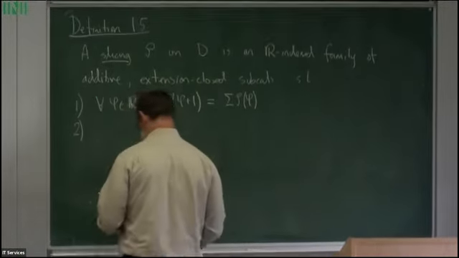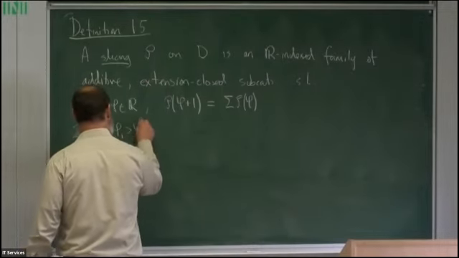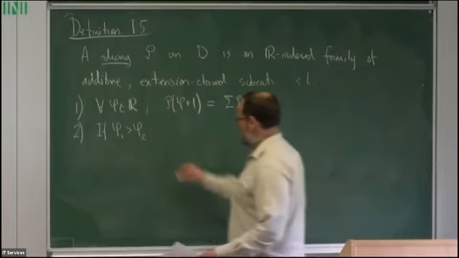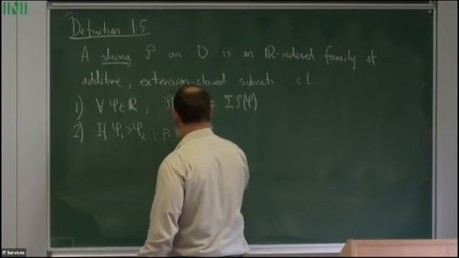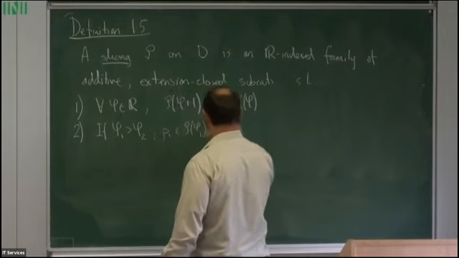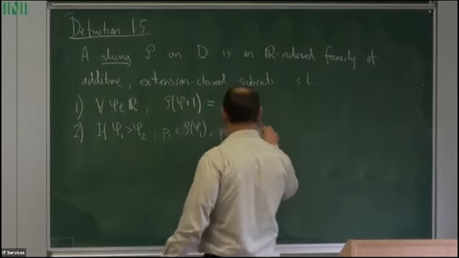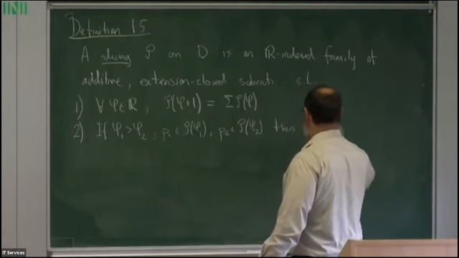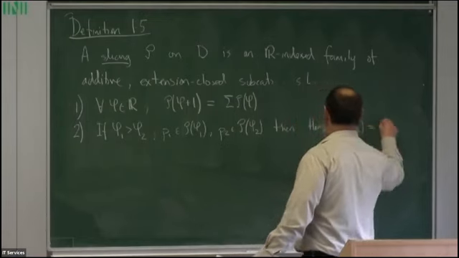Two, if phi 1 is bigger than phi 2, P1 is in P of phi 1, P2 is in P of phi 2, then Hom of P1, P2 is 0.